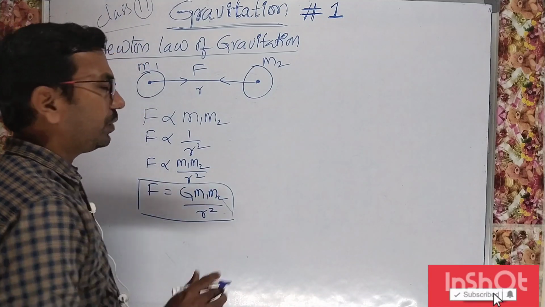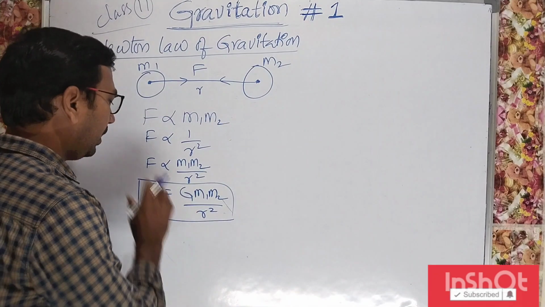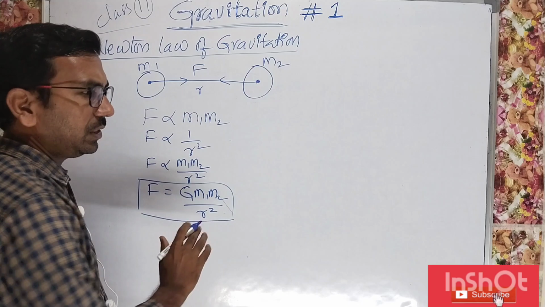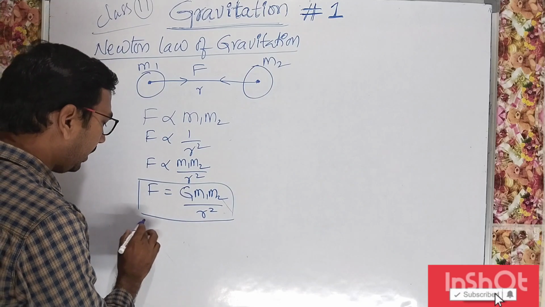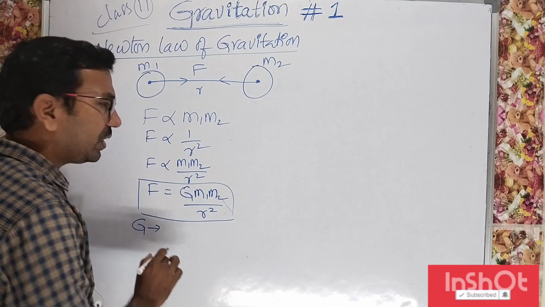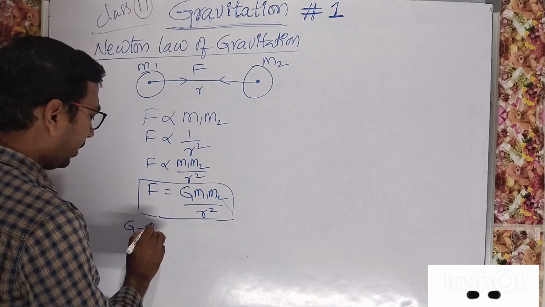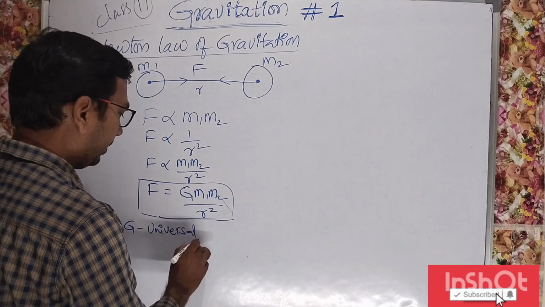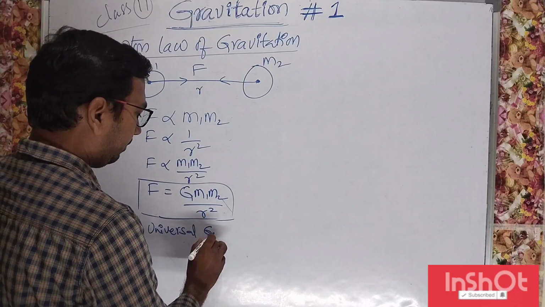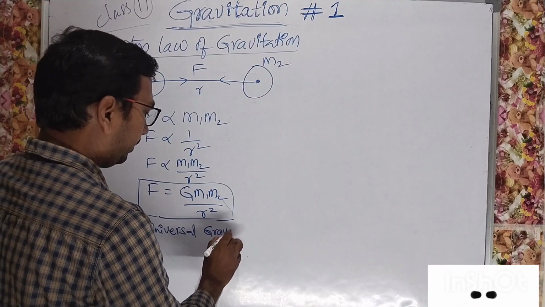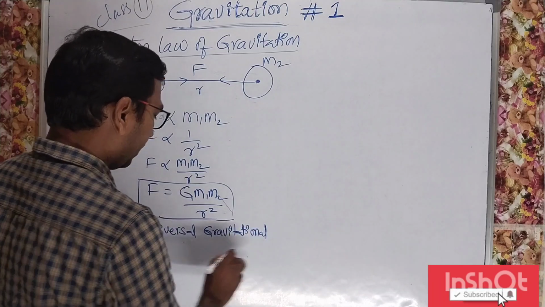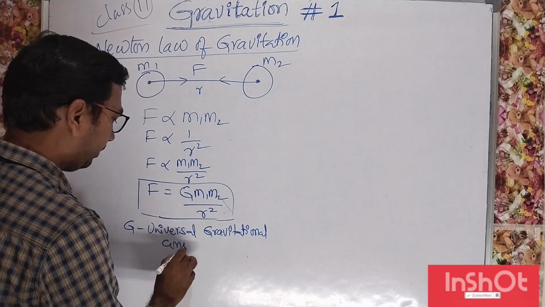So what is the gravitational force formula? F is equal to capital G m1 m2 by r square. What is capital G here? Capital G is the universal gravitational constant.